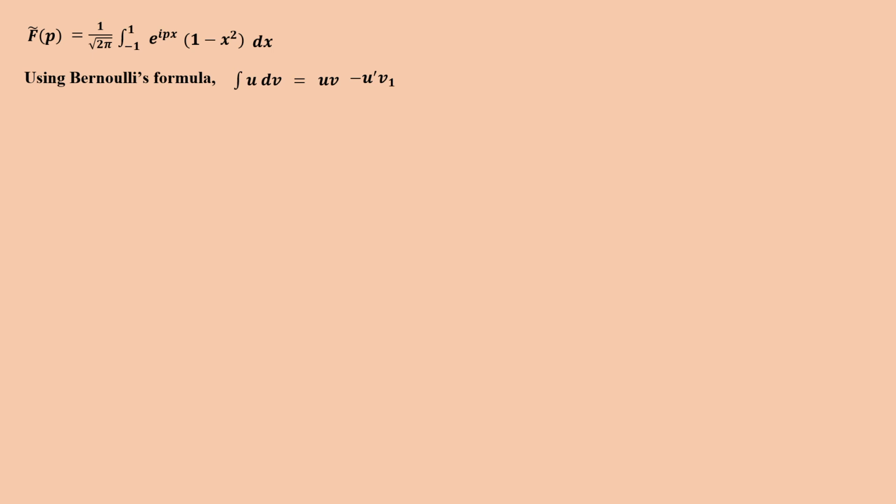So the integral of u dv is equal to uv minus u' v1 plus u'' v2 minus u''' v3 plus and so on. Take u equal to 1 minus x squared, and dv equal to e to the power i p x dx.